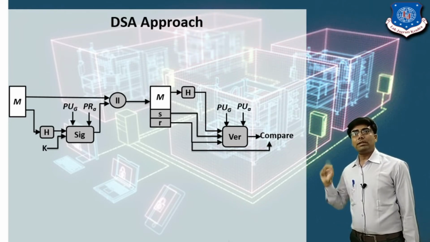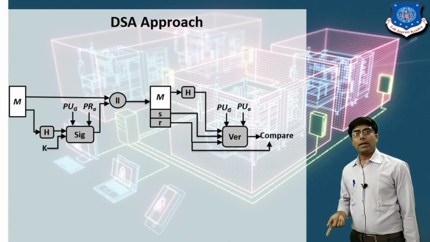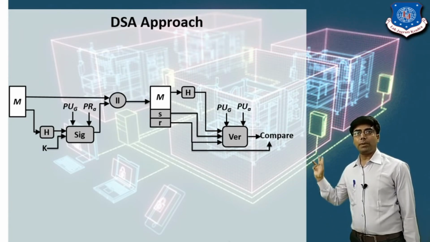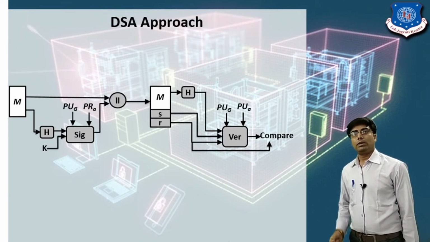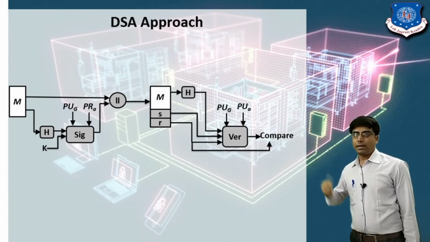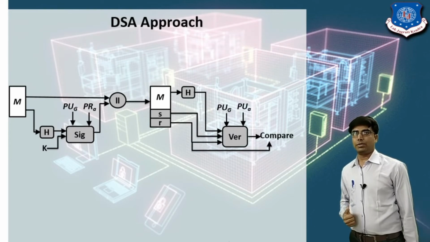In the signature function we input two things: first, the private key of the sender, and second, the global public key. The same in verification: we are using the sender's public key and the global public key component. Okay, so I hope this idea is clear. So this is all about the RSA and the DSA approach.